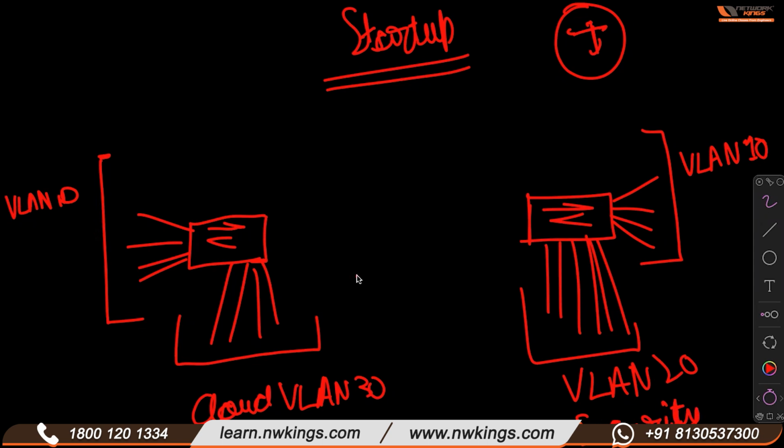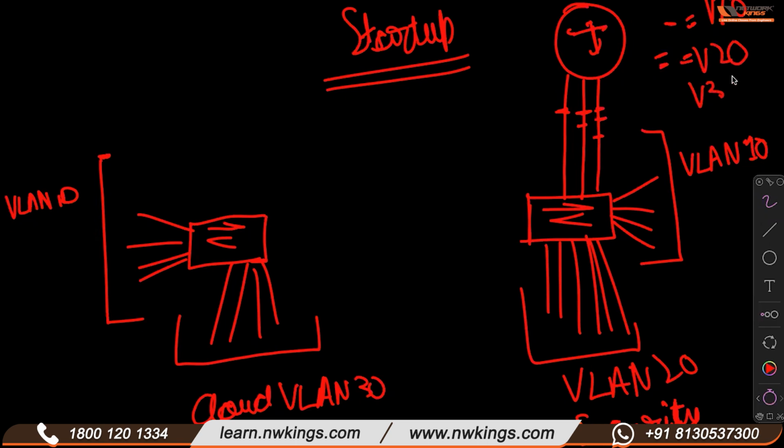Now, this one dot represents VLAN 10, two dots represent VLAN 20, three represent VLAN 30, right?